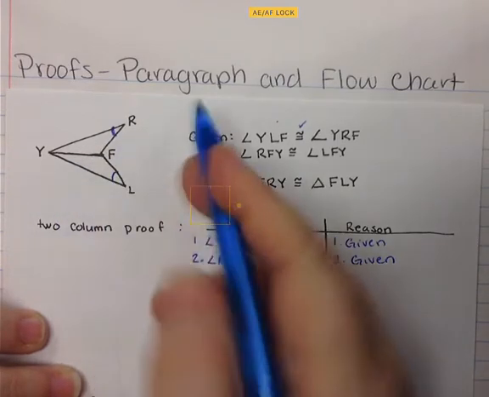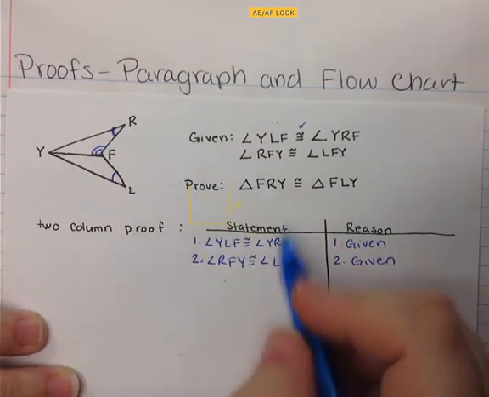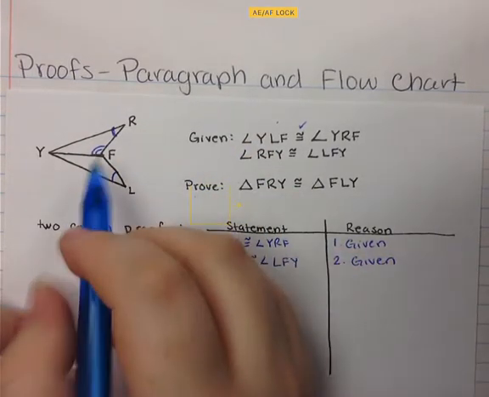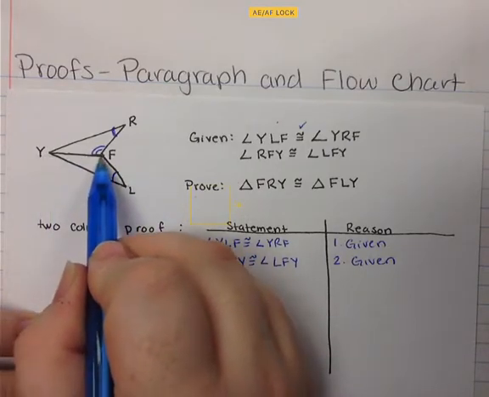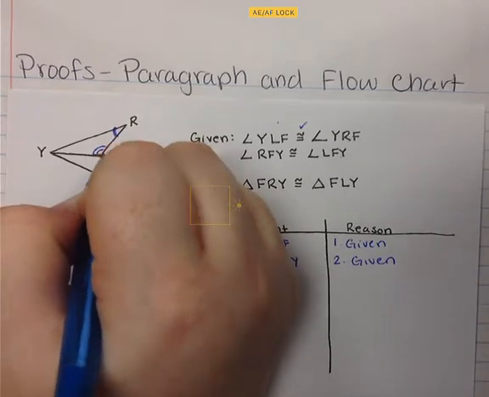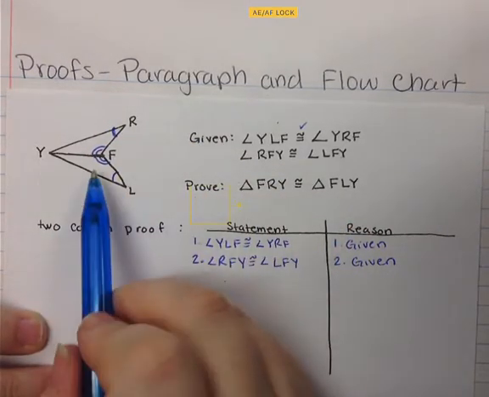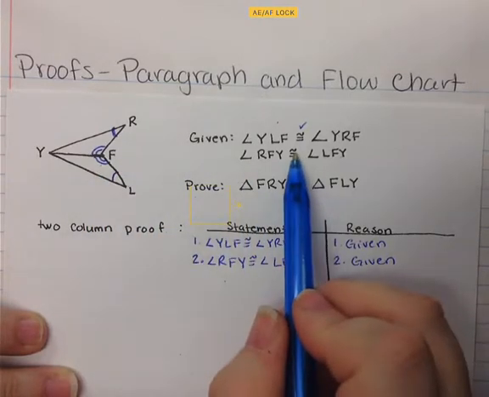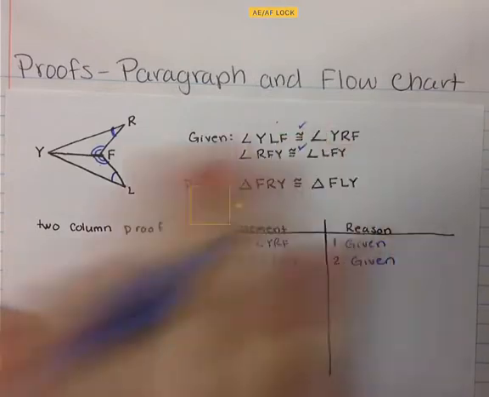So it's an angle, so it'll have arcs. I'm going to use 2 arcs here. And then it says angle LFY. So L to FY. So it's in this triangle. It's at F, so I'm going to have 2 arcs here. Now it's in my proof. It's marked on my picture. It says it's congruent, so I can put a check mark here. That means I'm done with my givens.